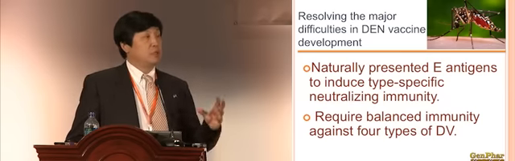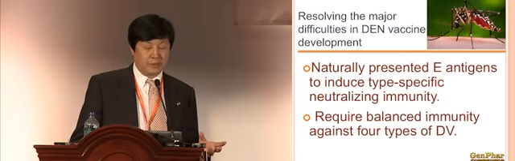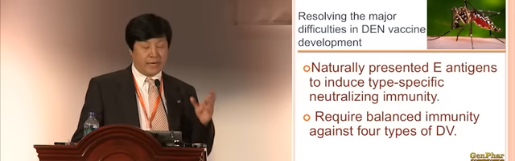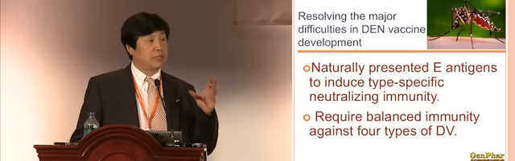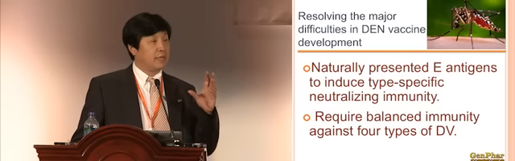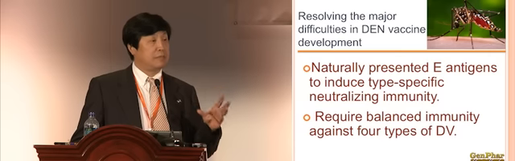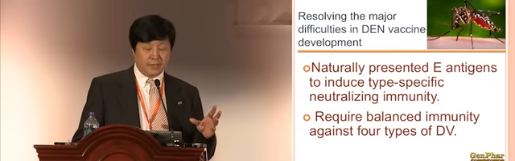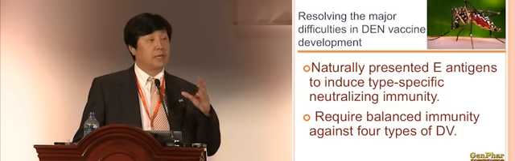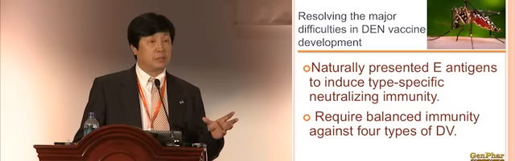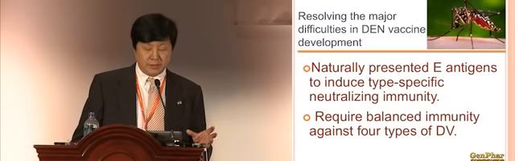In order to induce a neutralizing immune response, the first thing is that you have to have the naturally conformed envelope protein, to induce a type-specific neutralizing immune response. That provides protection, whereas cross-immune response actually enhances the disease.